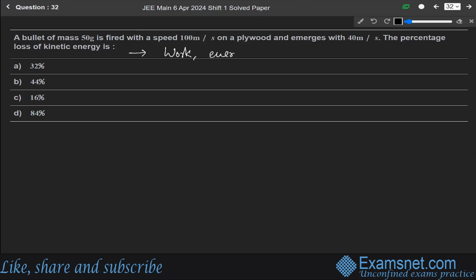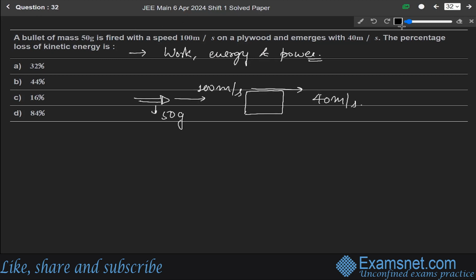According to the question, there is a bullet whose mass is 50 gram, fired with a speed of 100 meter per second on a plywood, and it emerges with a speed of 40 meter per second.